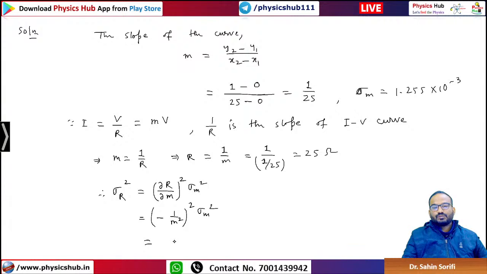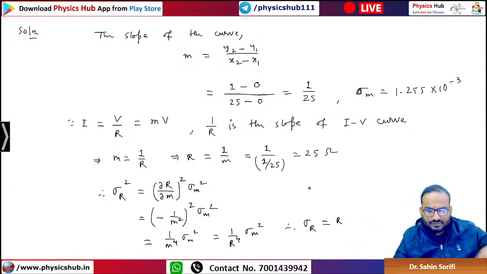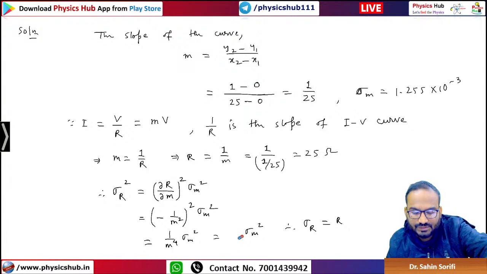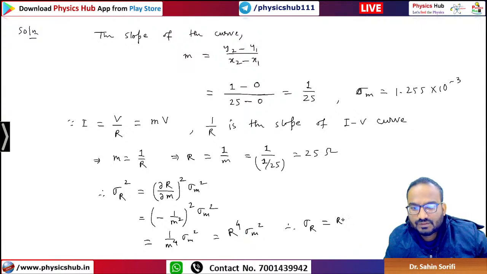So 1 by m to the power 4 is 1 by R to the power 4 times sigma m square, and hence sigma R, error in measurement, is equal to R square. Have you written anything wrong? Yes, it is R to the power 4 will be in the numerator, right? It is R square sigma m.